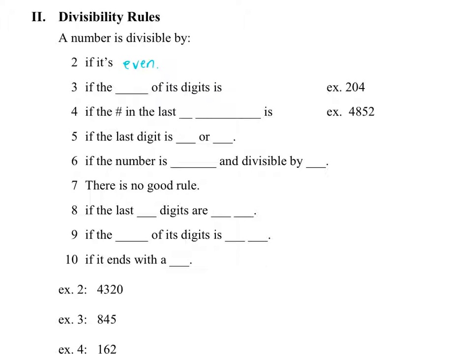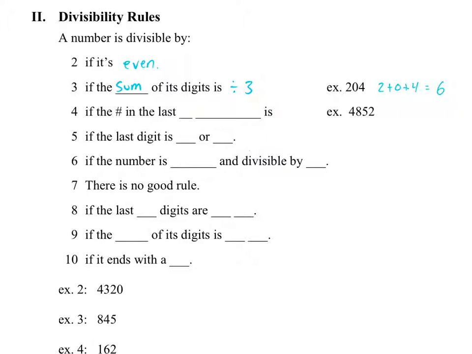For the 3, it would be if the sum of its digits is divisible by 3. When you see the word sum, do you know what that means? You take all the numbers and you add them. Perfect. So sum means add. What I mean by that, I have this example 204. What we're saying is 2 plus 0 plus 4 equals 6.